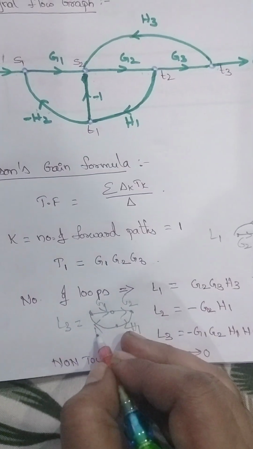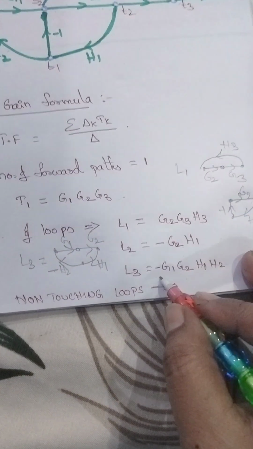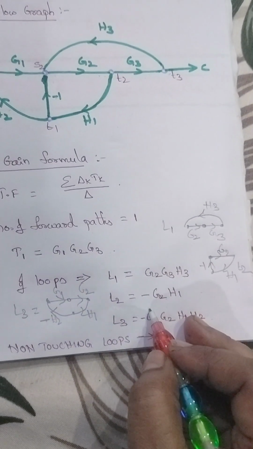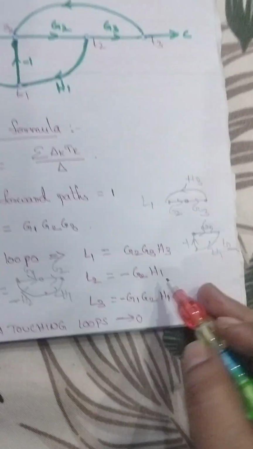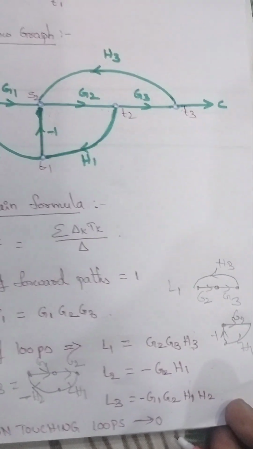So how many loops? 3 loops are there, and after observation there are no non-touching loops. So 2 non-touching loops, 3 non-touching loops are 0 here.